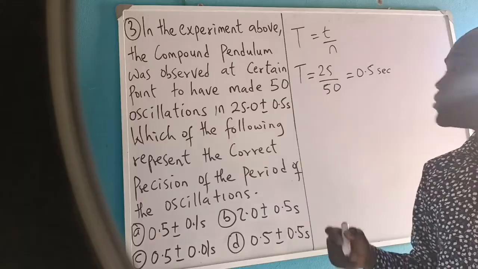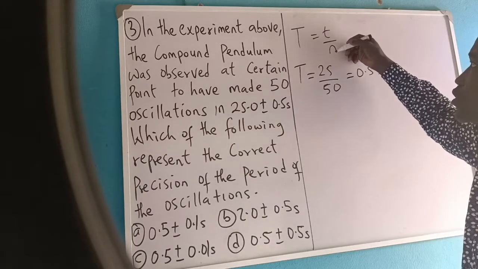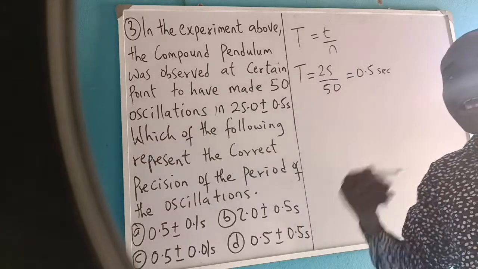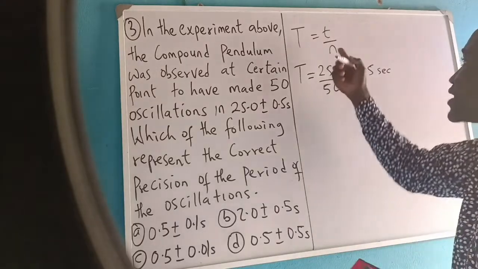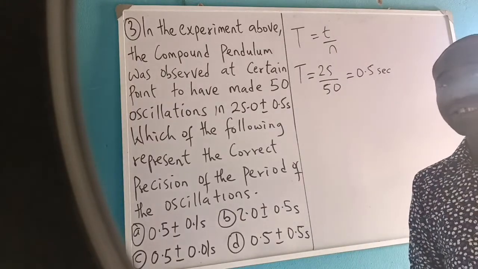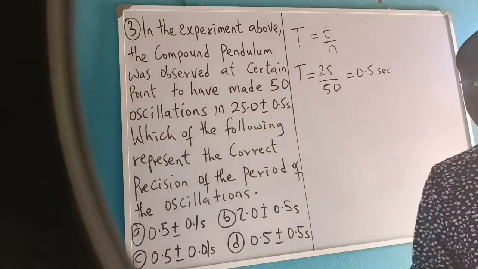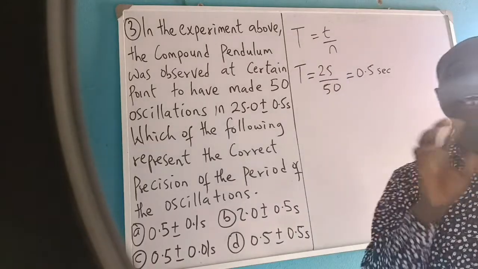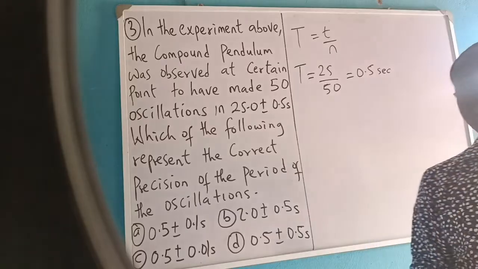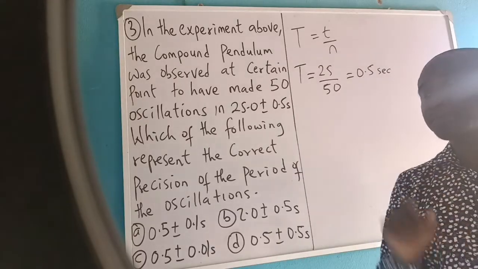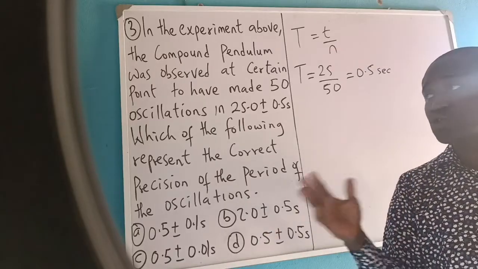To get this error, I will ask myself, from this formula, this number of oscillations, can I get it with a measuring instrument? Is there any measuring instrument for getting number of oscillations? The answer is no. There is no measuring instrument for number of oscillations. This number of oscillations is gotten differently by every person. Let's take for instance, I'm performing an experiment and they ask me to use 20 oscillations.